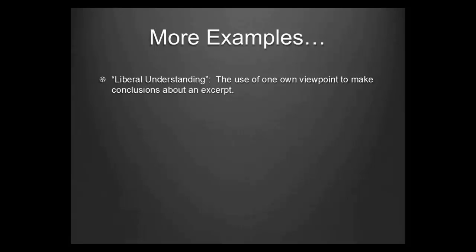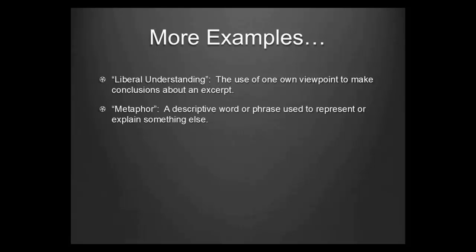Like, for example, does the student agree or disagree with what the author says about, say, the war in Iraq? Something along that line. With metaphor, it's a descriptive word or a phrase that's used to represent or explain something else. Of course, we'll talk about a simile in just a minute. The main difference is with a metaphor, you don't use the word like or as.